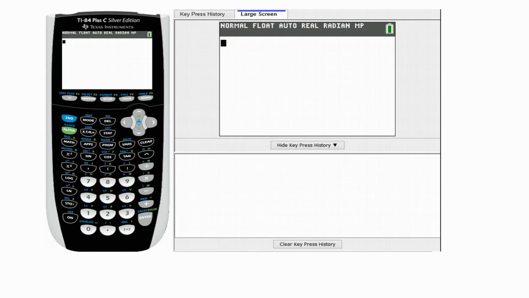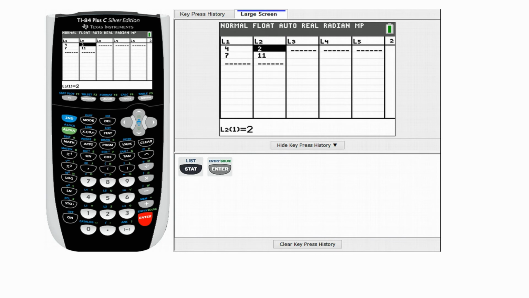I want to check to make sure my line y equals 1/2 x plus 1/2 does go through the points (-3, -1) and (9, 5). I want to go to Stat and choose Edit and type in my points. I'm going to arrow over to L1 and type in -3. Make sure you use the negative and then enter.